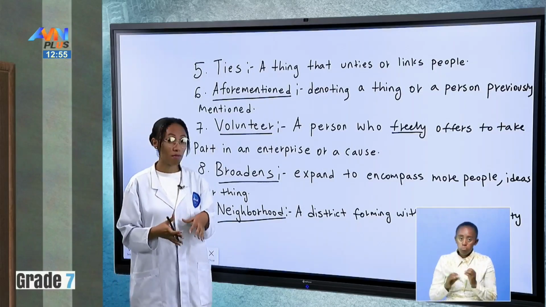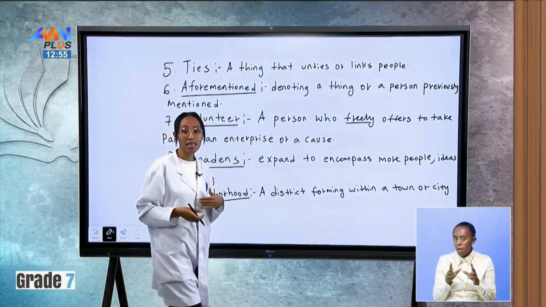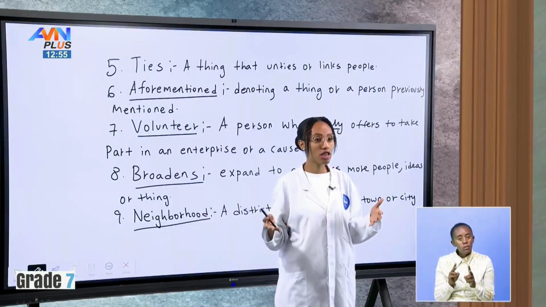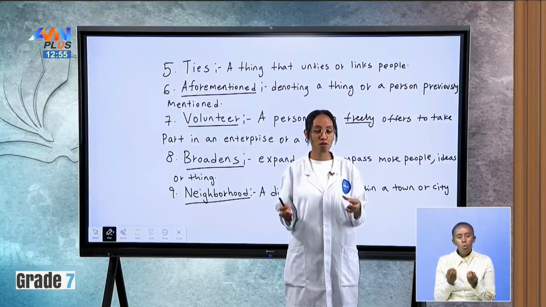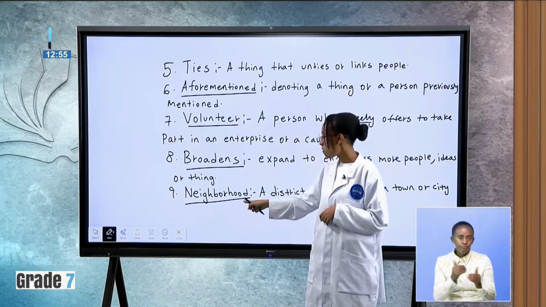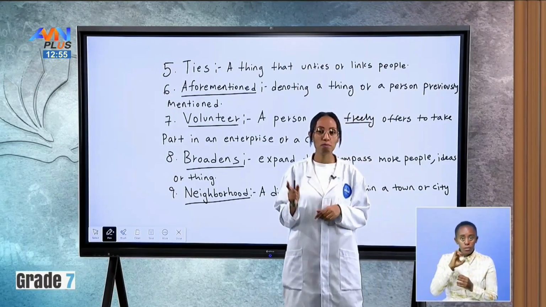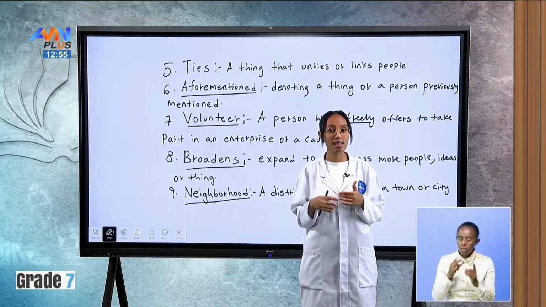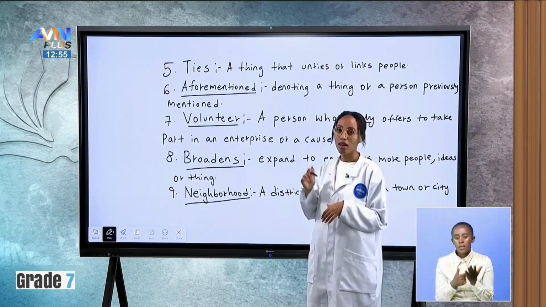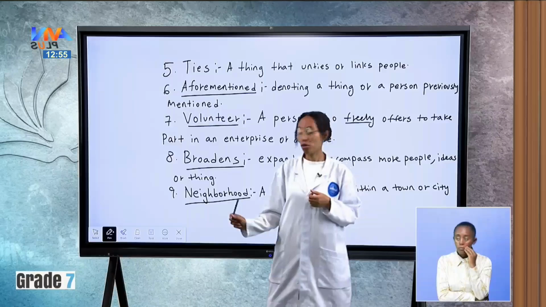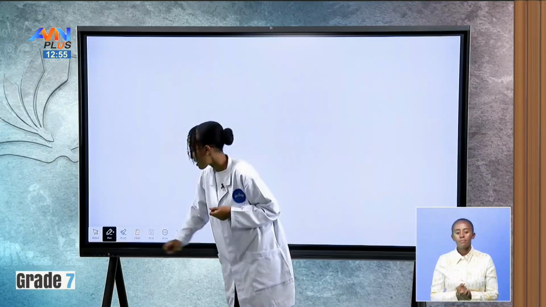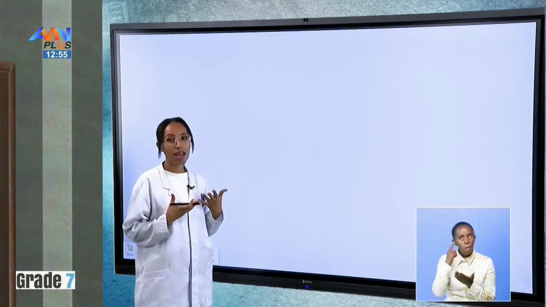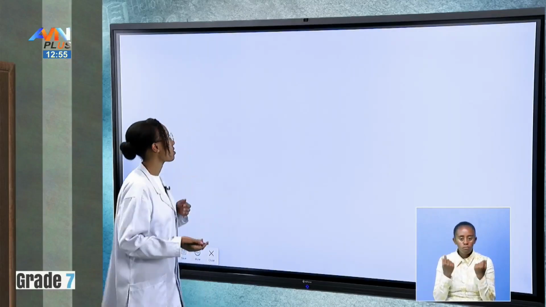Since Addis Ababa is a very big city, it is a very large city with a lot of neighborhoods. So neighborhood is also one vocabulary that we have taken and that we could see in this lesson. And now we're going to do some activities and see how well we have memorized and understood these words.